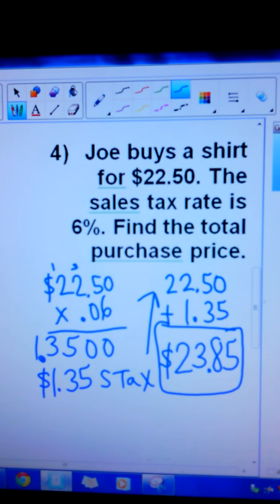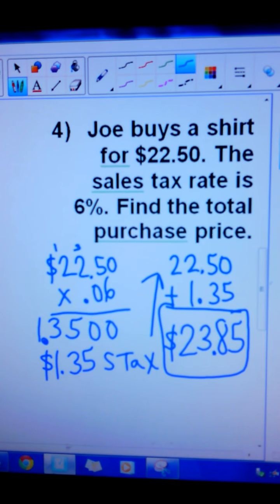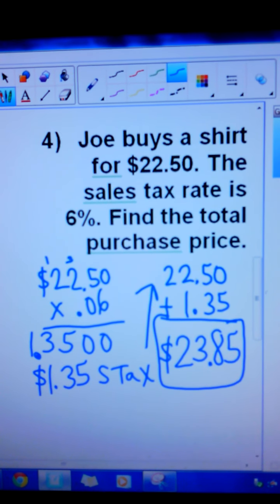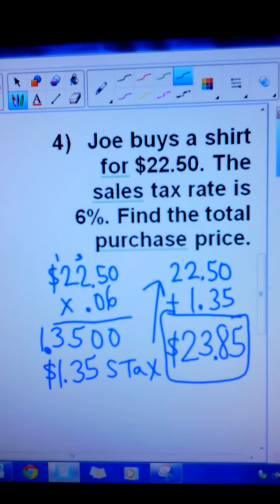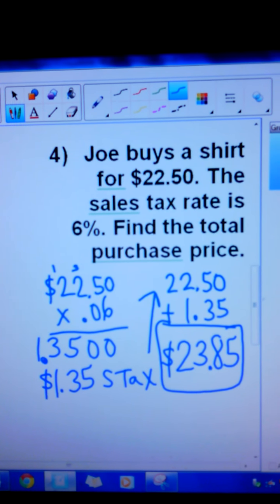Therefore, the total purchase price, tax included, is $23.85. Again, I cannot stress enough the importance of changing your percent into a decimal.